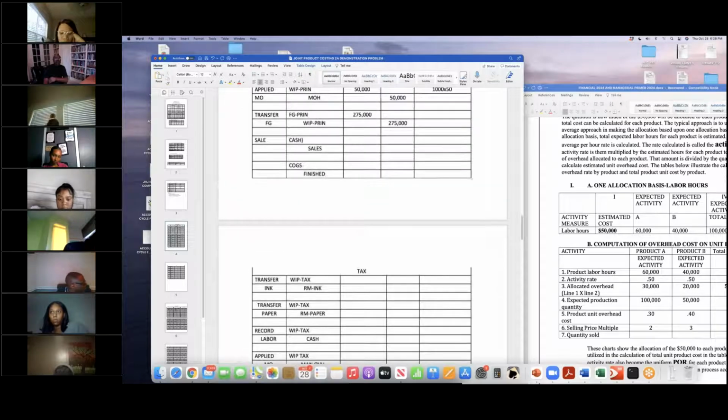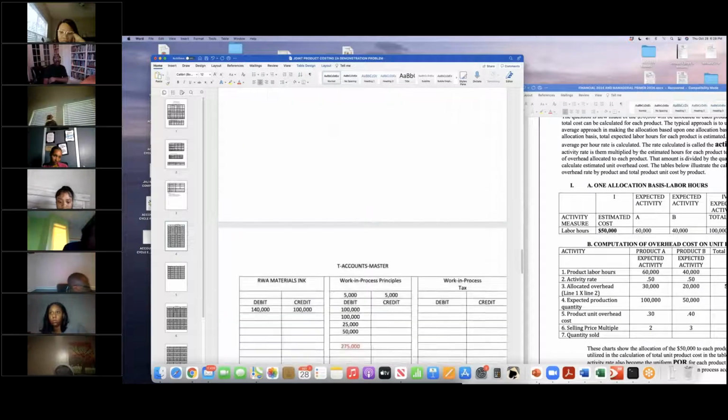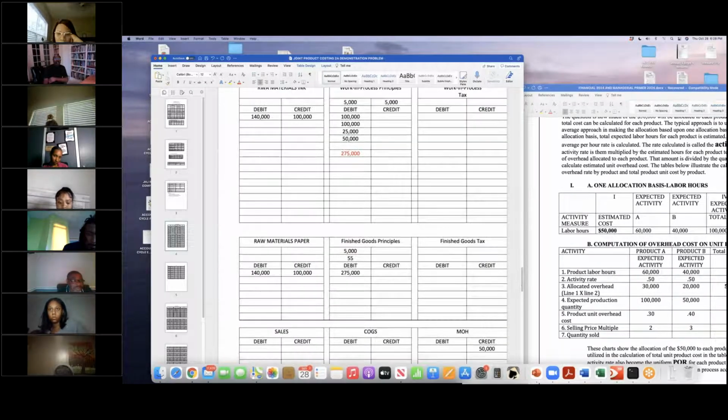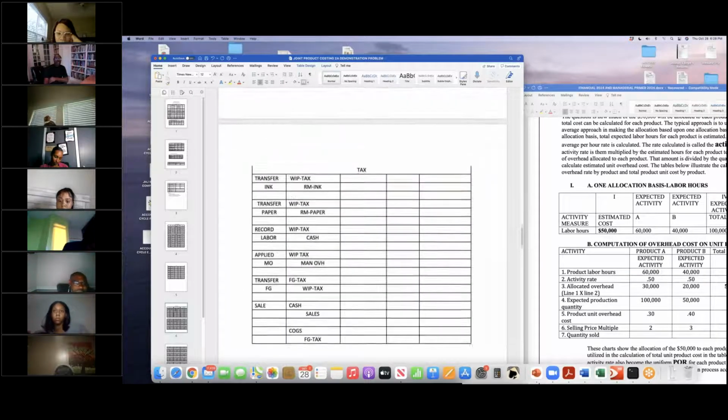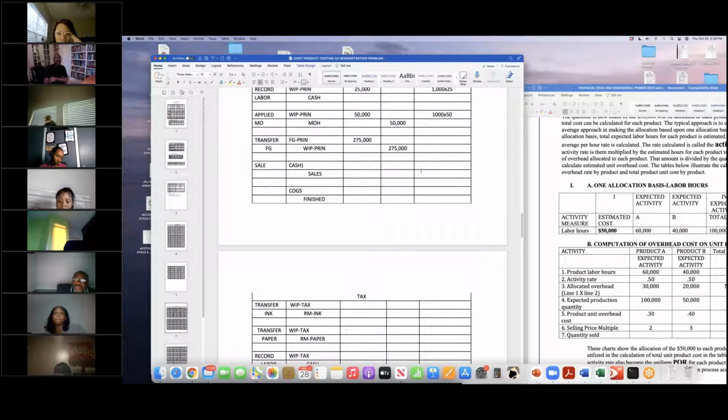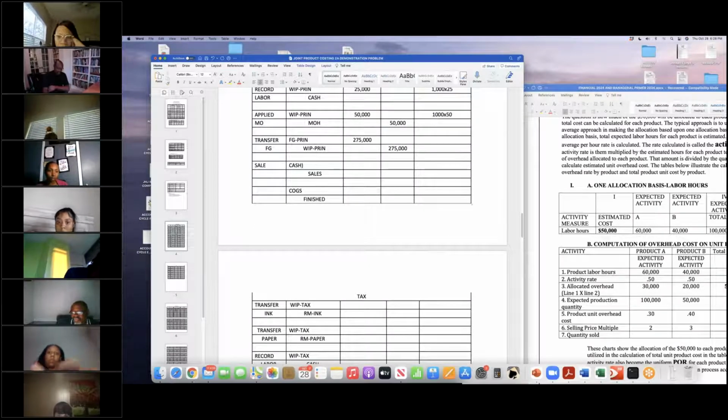Okay, so the 275, we transferred that to finished goods. And we're only selling how many? 4,000, right? Okay. What's our selling price gonna be? Selling 4,000, what we're gonna sell them for? 165.